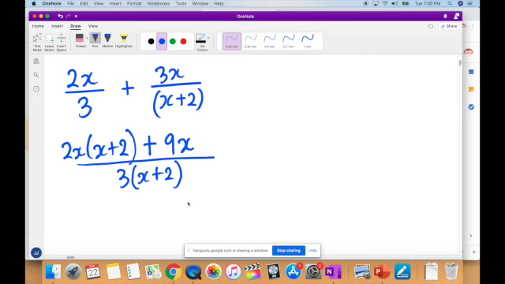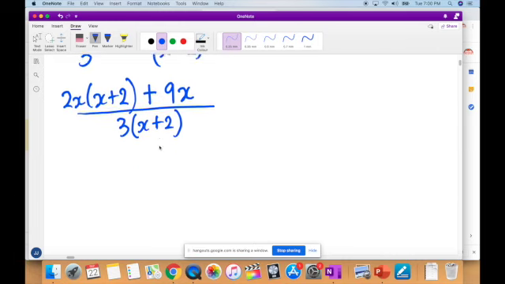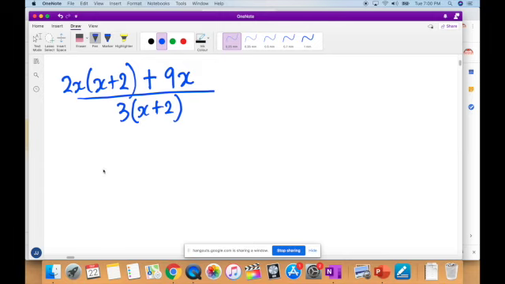Yeah? And we can simplify this. You multiply out these brackets here, and then you add. Do you want to simplify it, or are you good?